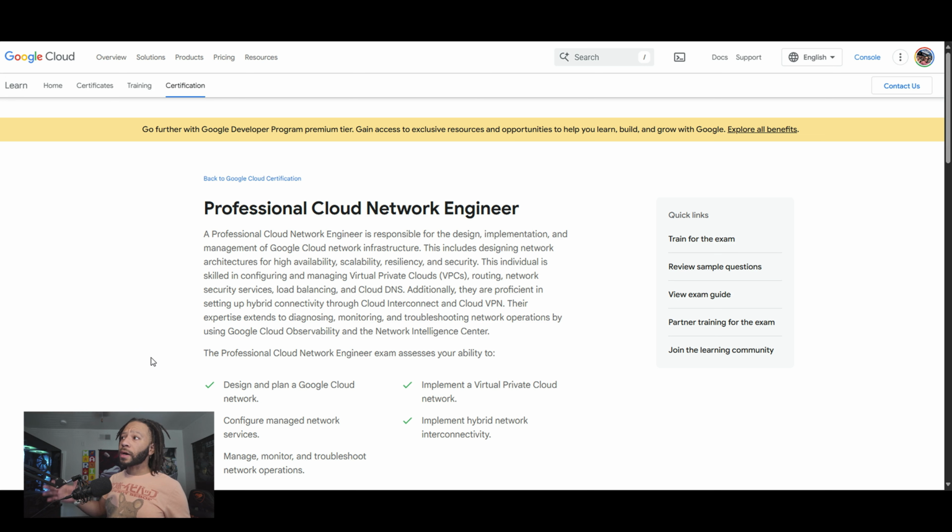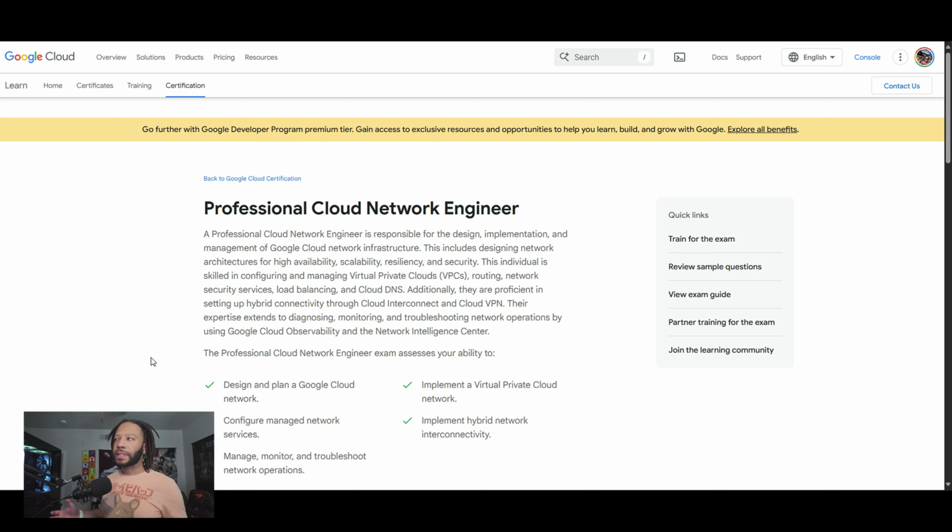So with Google Cloud specifically, the professional cloud network engineer will give you that expertise and experience when you start to study for it. And it basically will help you understand how to design network architectures in Google Cloud so that they're highly available, scalable, super resilient, and secure.